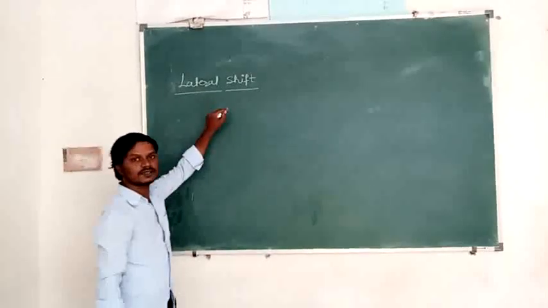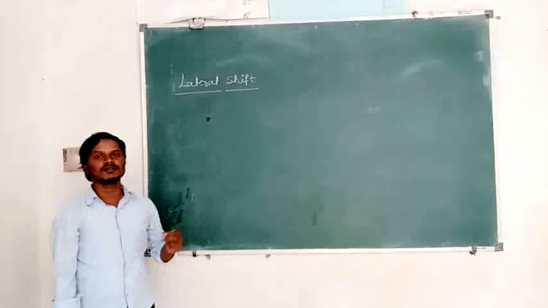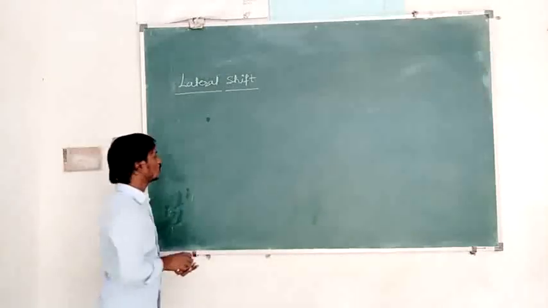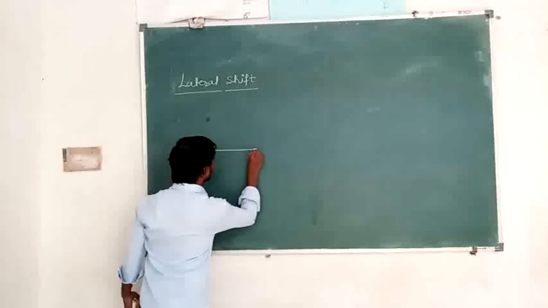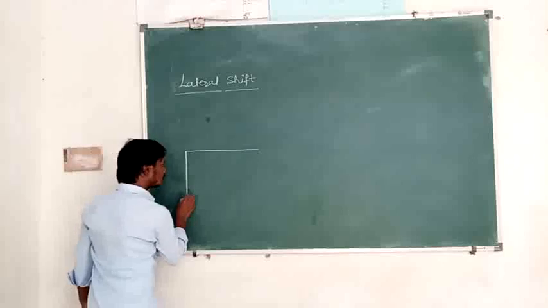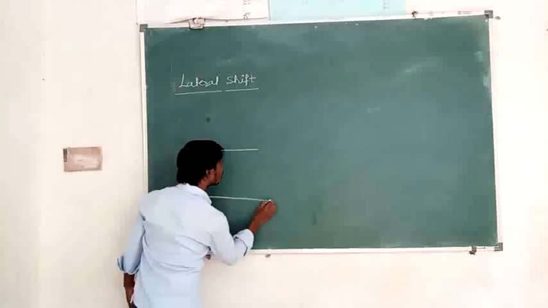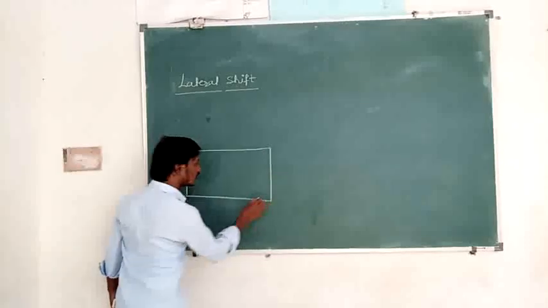So next we are going to discuss lateral shift. Let us know what we mean by lateral shift. Now let us consider a rectangular glass slab, and this rectangular glass slab is surrounded by air medium.